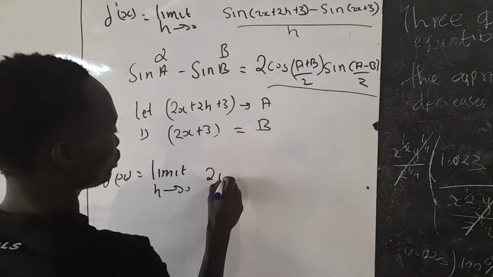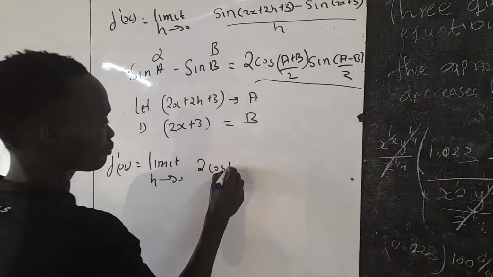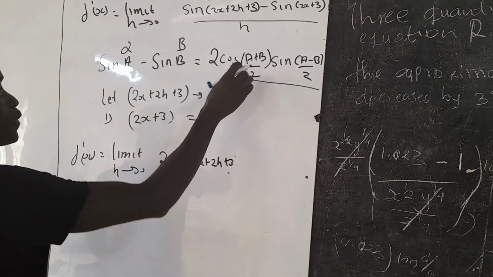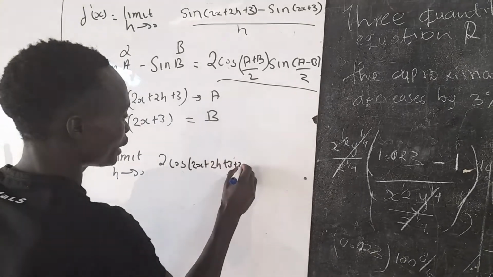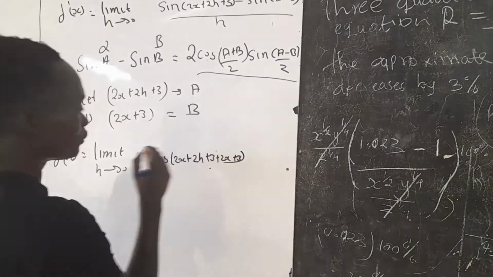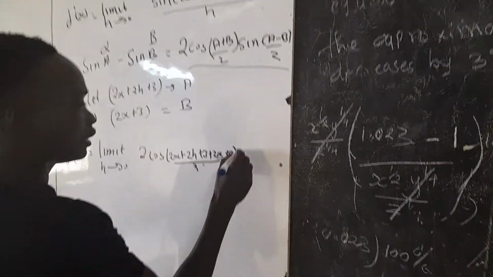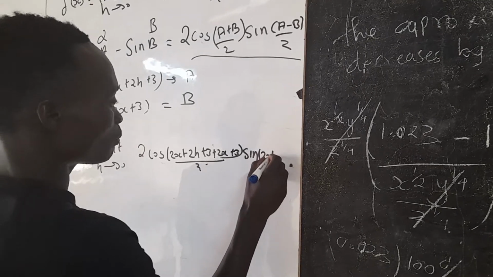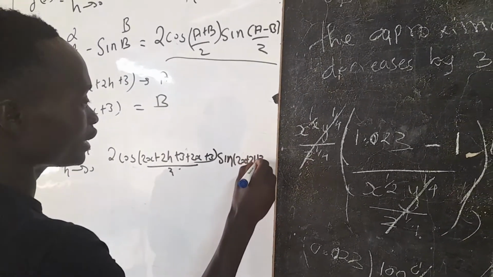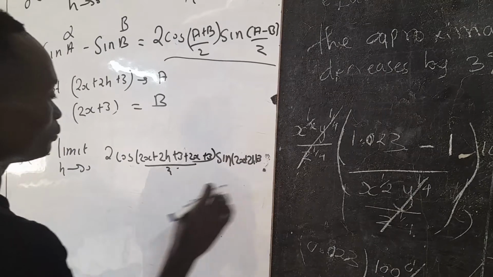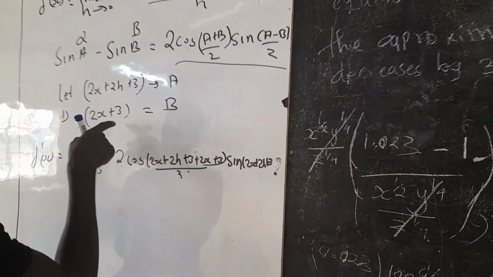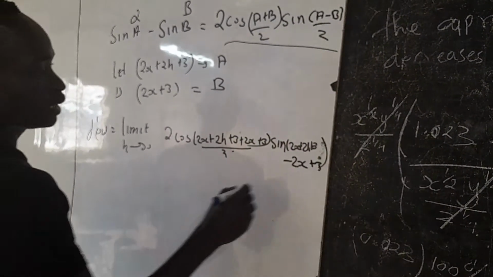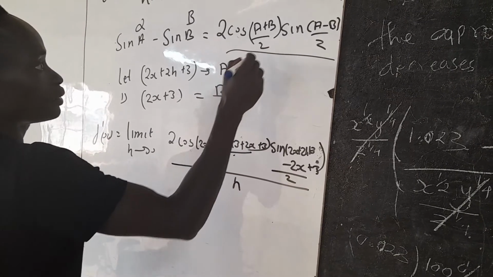So we'll have 2 cos of ((2x + 2h + 3) + (2x + 3)) everything over 2, sine of ((2x + 2h + 3) minus (2x + 3)), all of these over 2. Write your h below there.